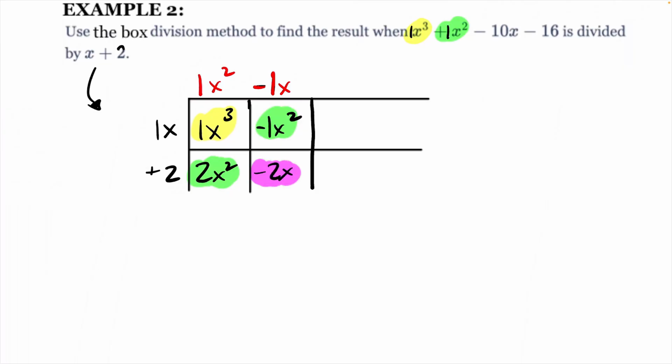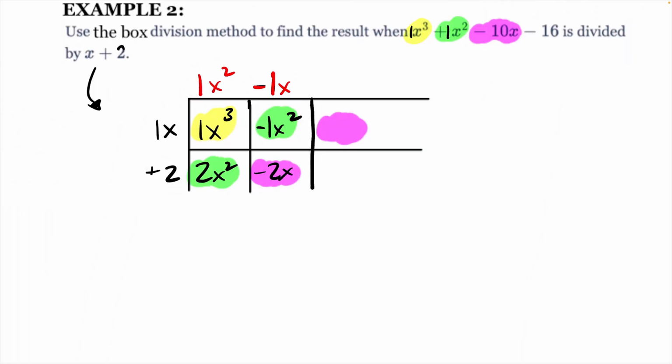This guy plus this guy has to make the next one, negative 10x. So when I add negative 2x plus something, it has to be negative 10x. What is that something going to be? Negative 8, yeah, it's going to be negative 8 because I'm already at negative 2. Add more negative, negative 8 to make negative 10.